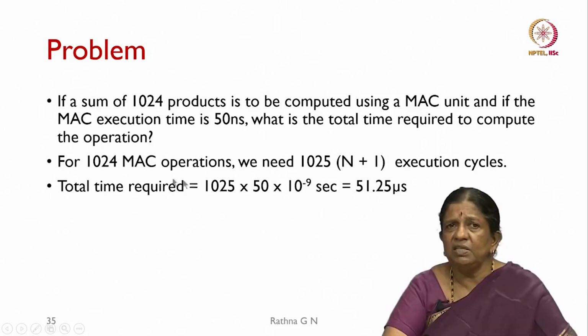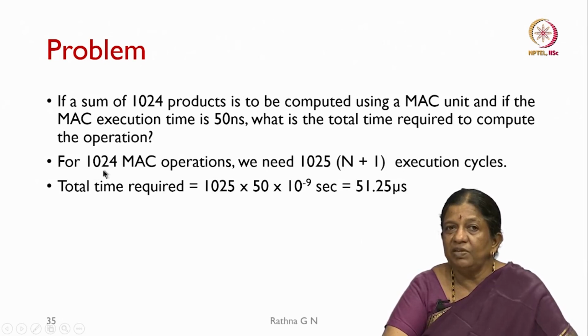So, just to see how each instruction is going to take, we will see what the time required for a MAC operation is. We say that if I want to compute 1024 products using a MAC unit, and the MAC execution time is given as 15 nanoseconds for the hardware, we have to find the total time required to compute the operation.